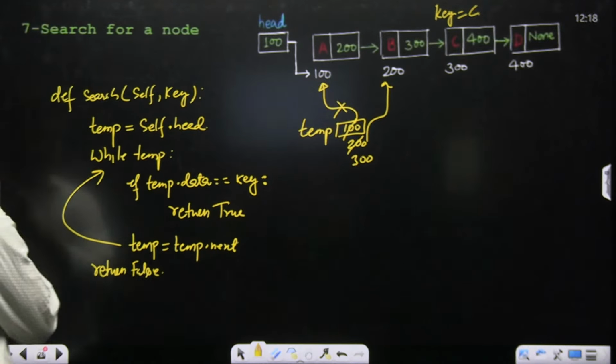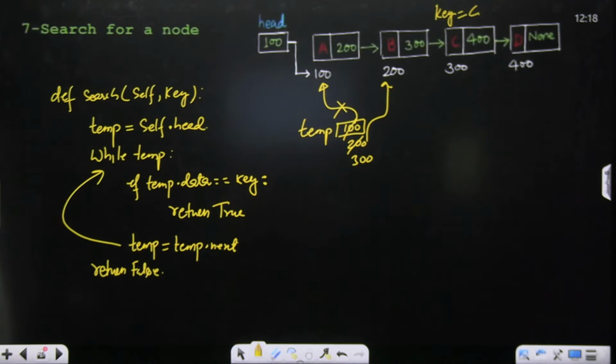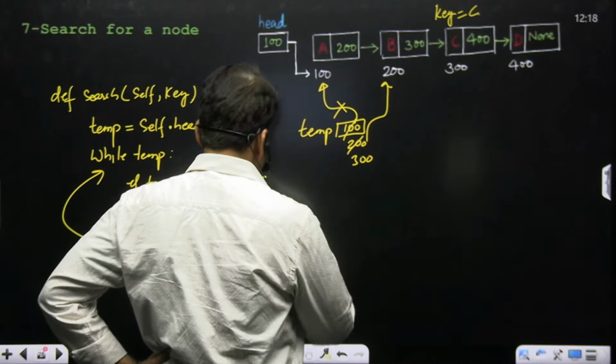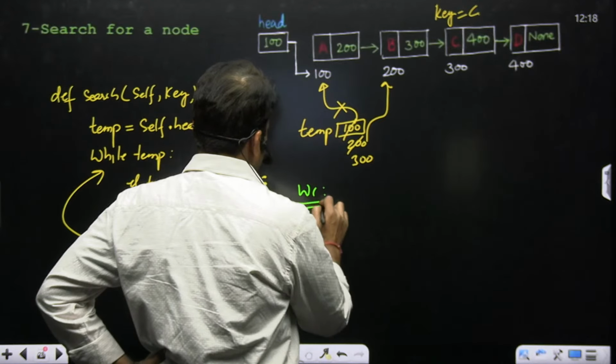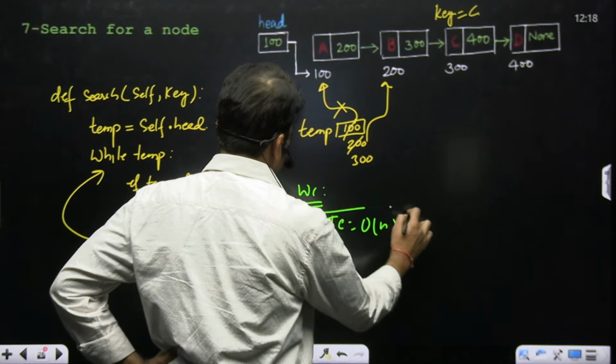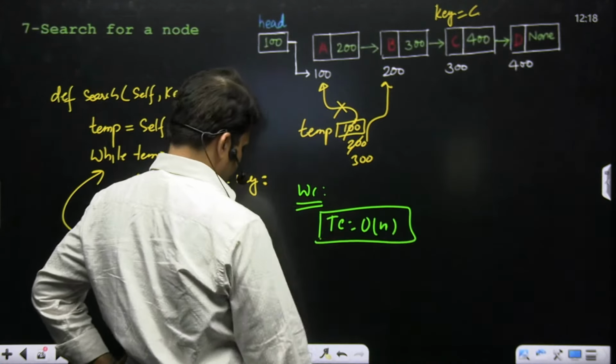In the worst case, you are scanning the whole list, so it is order of n. You are applying linear search, and in linear search the time complexity is order of n, not 1.